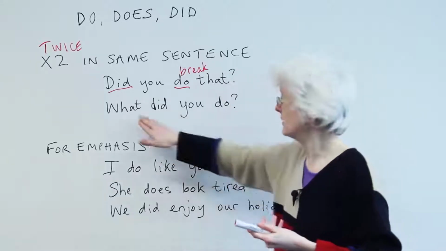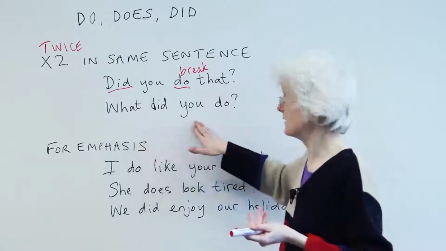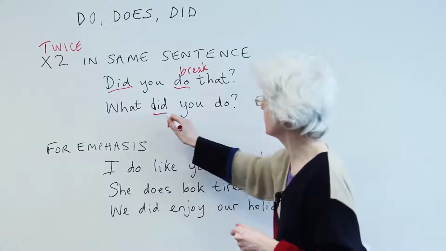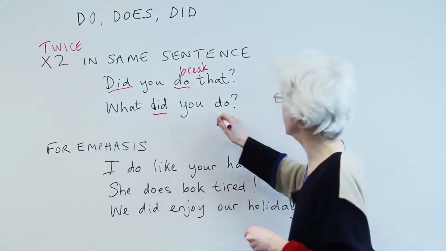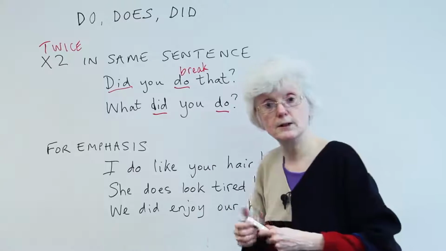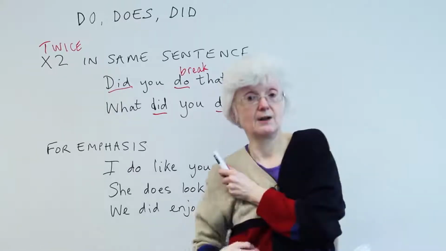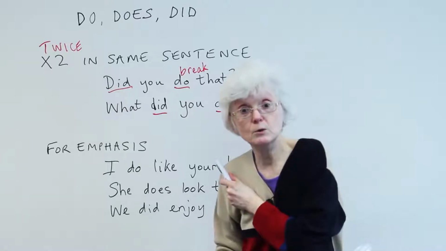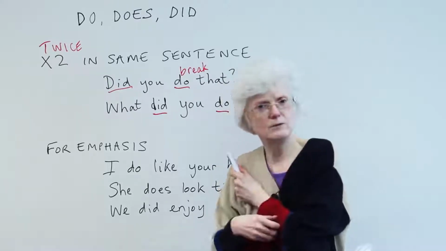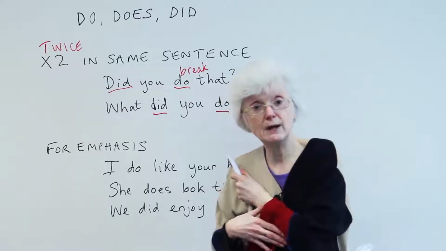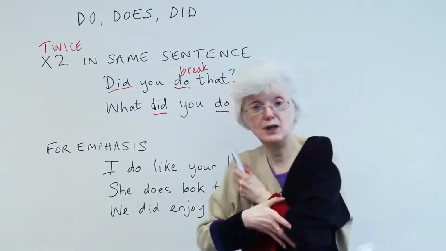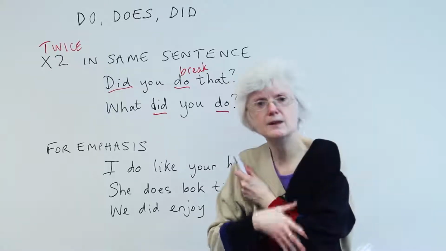And you can turn it, oh, well, that's already a question. There's another question. What did you do? Okay, so we've got did and do again. What did you do? If somebody comes with their arm bandaged, what did you do? Meaning, what's happened? How did that happen to your arm? What did you do?